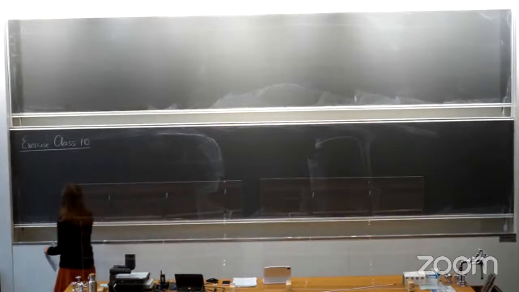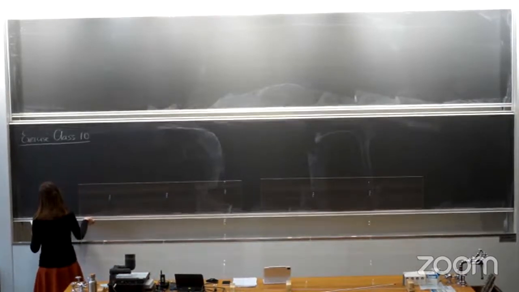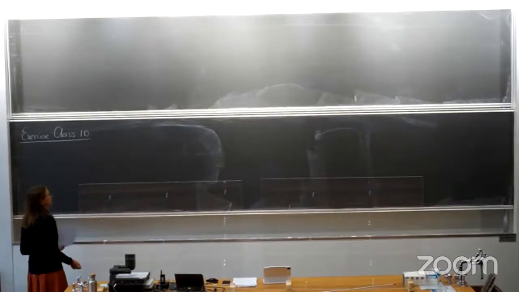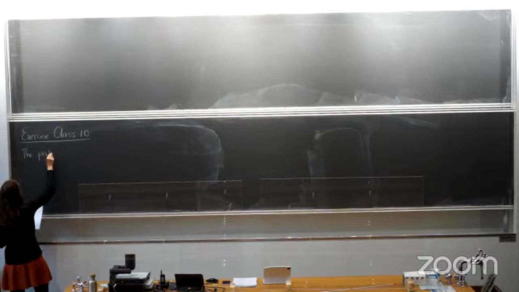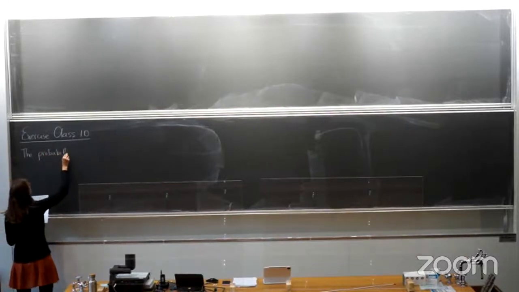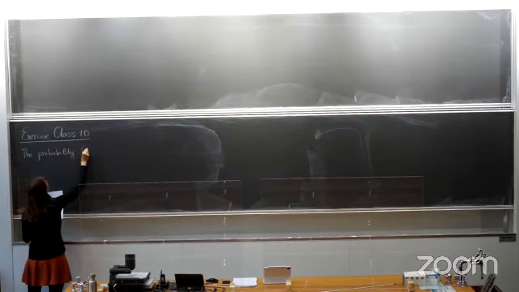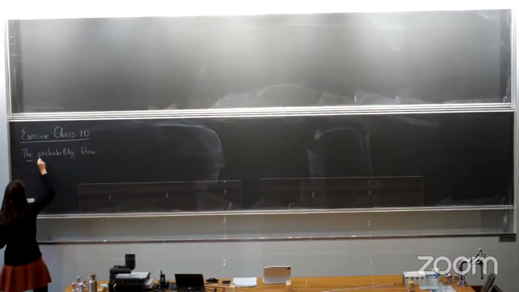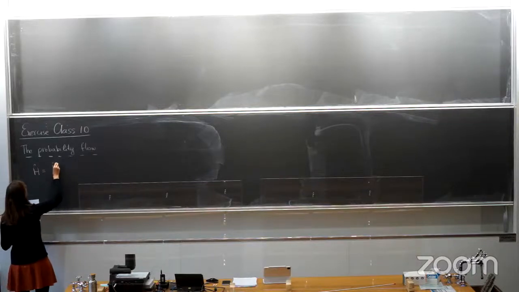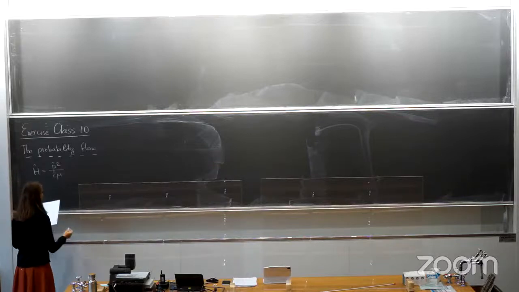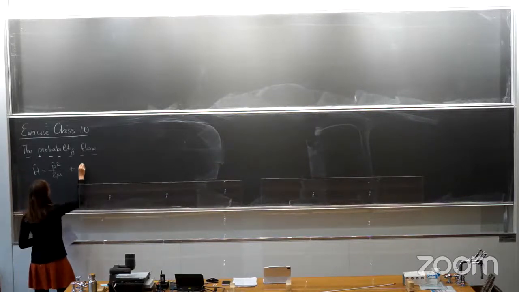probability. So consider a particle which is governed by Hamiltonian H, which has our usual free particle Hamiltonian part, p squared over 2mu, where mu is the mass of the particle, and it is also subject to some potential V of x.